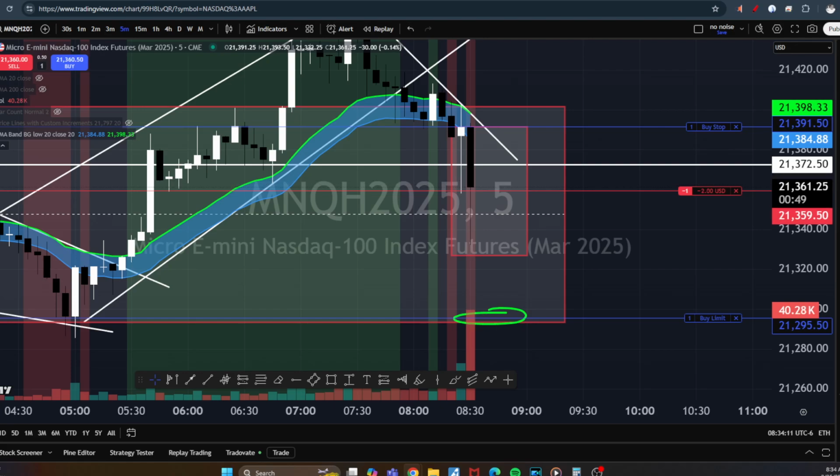This could potentially reverse all the way up to the top of that range. But you got a long wick here. I kind of want my midpoints on here.